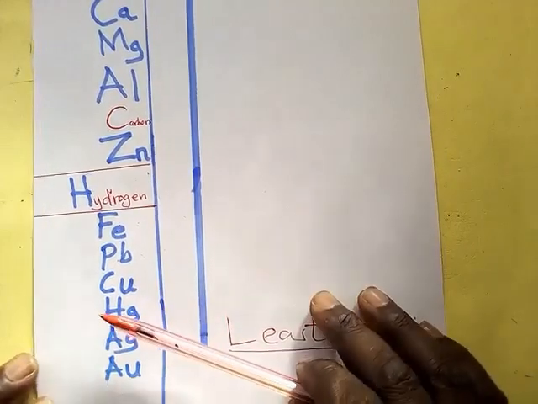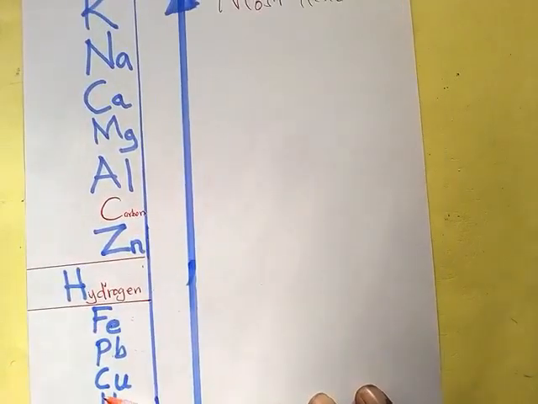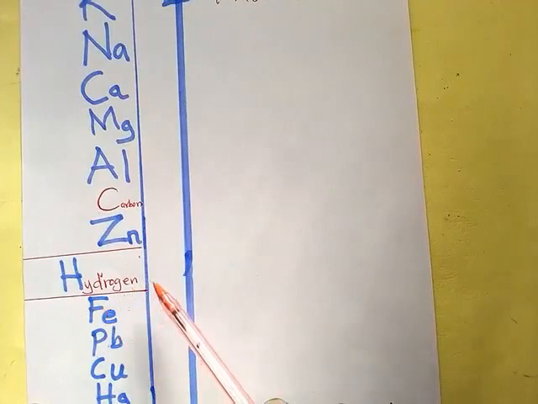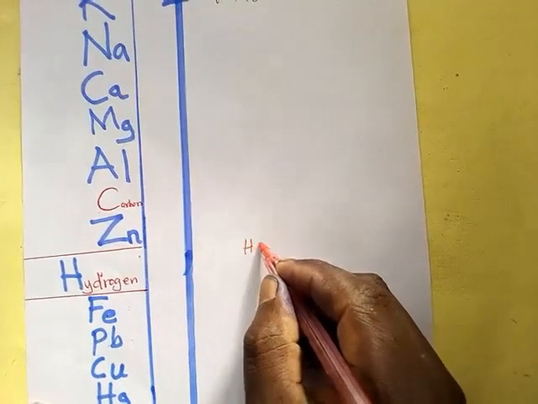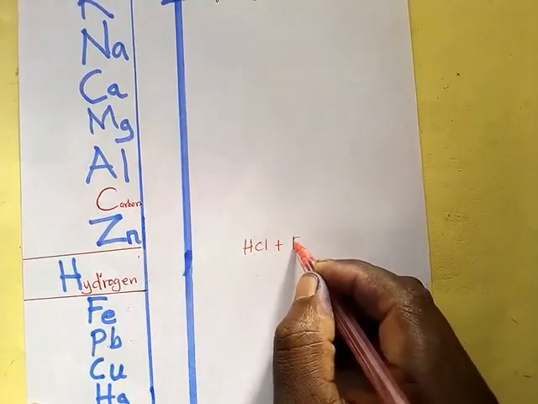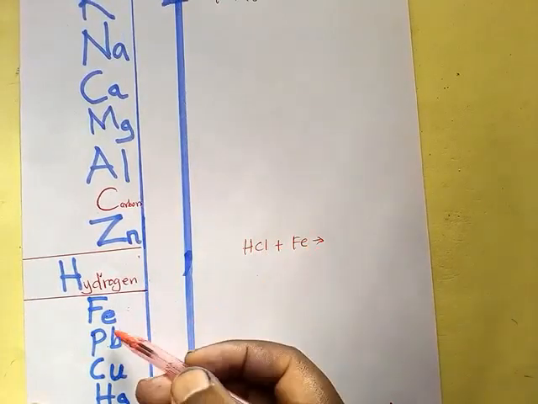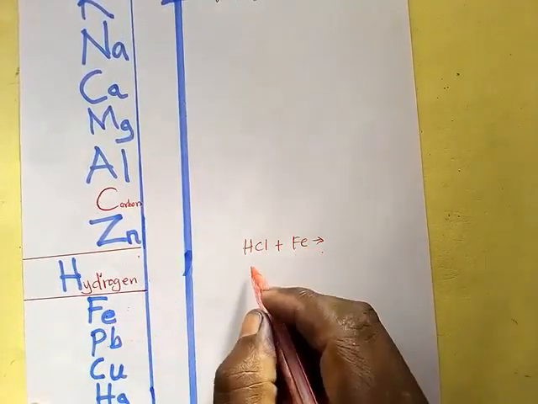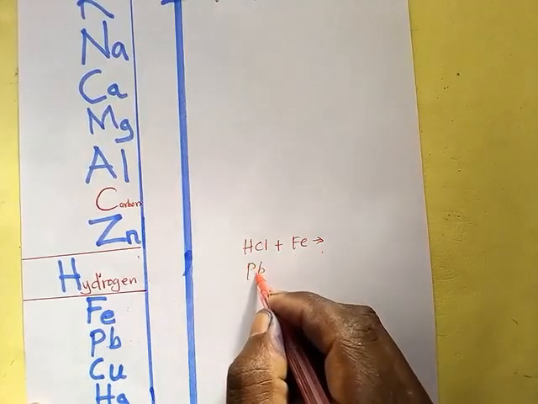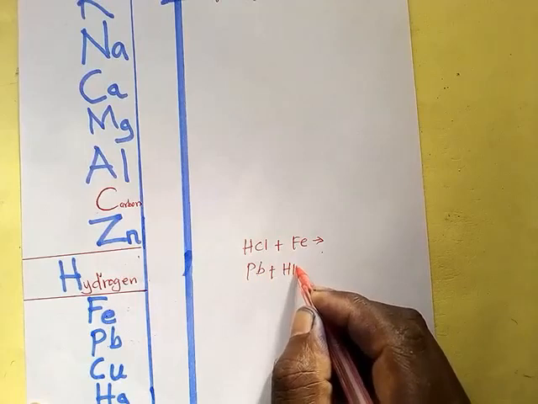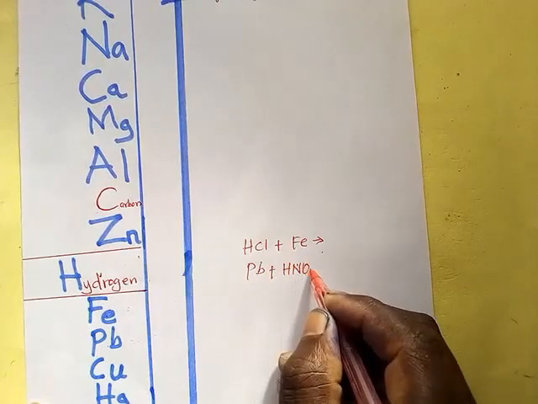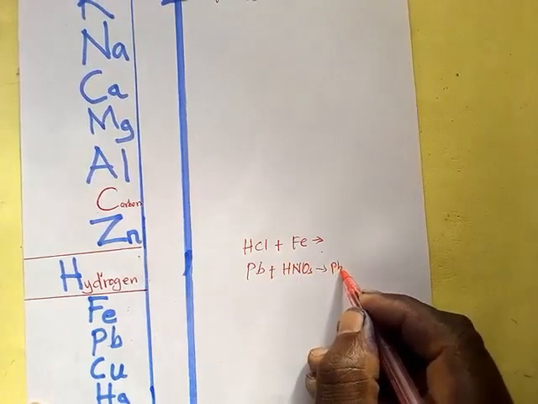The reason why I'm showing you this is because you cannot react, for example, HCl plus iron to form iron(II) chloride. You cannot react lead directly with nitric acid to form lead nitrate.